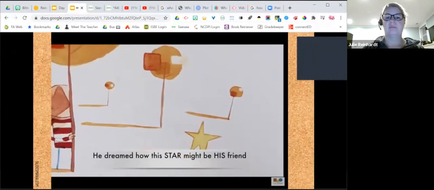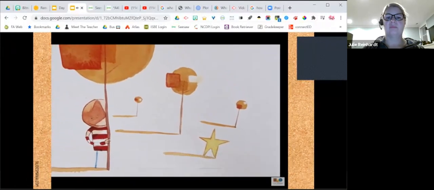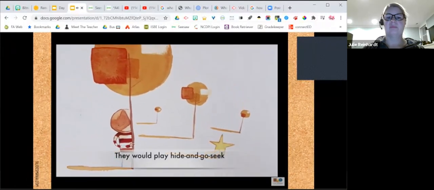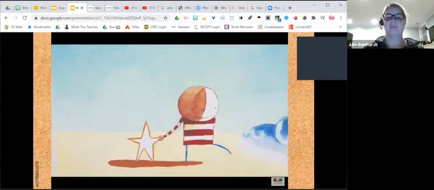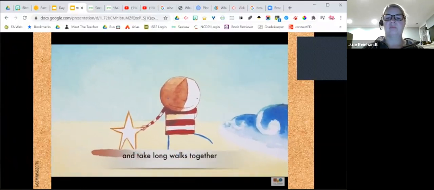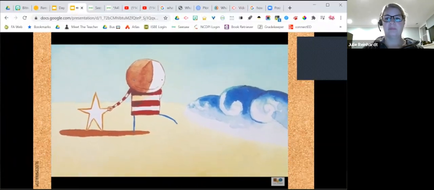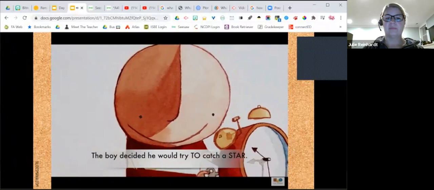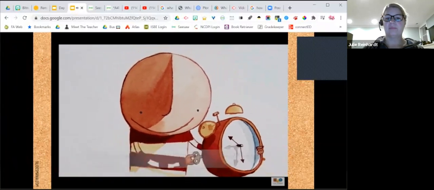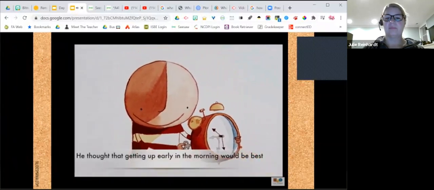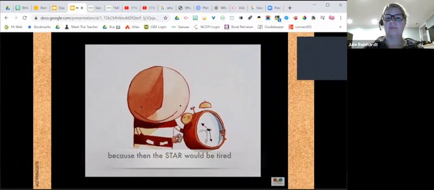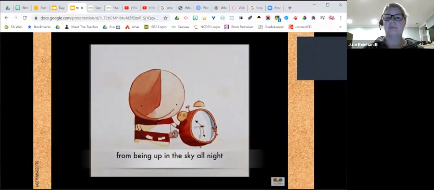He dreamed how this star might be his friend. They would play hide and go seek and take long walks together. The boy decided he would try to catch a star. He thought that getting up early in the morning would be best because then the star would be tired from being up in the sky all night.